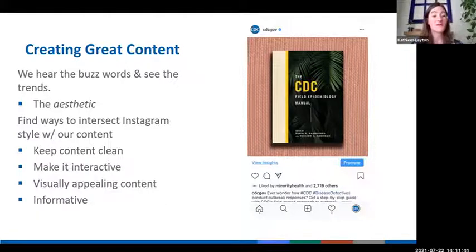Whether it's art, food, DIY, fashion, science, or even public health, there's always a way to leverage Instagram's style or aesthetic with health guidance. For example, the CDC field manual, this image promoting the manual just works.